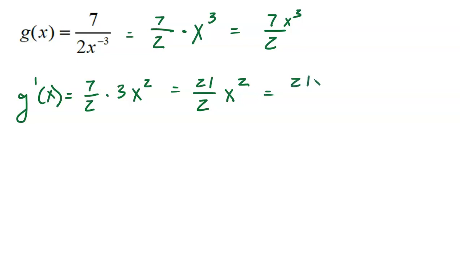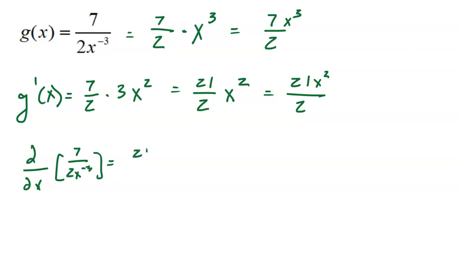The only thing I could do is put the x squared on the side or the top. It doesn't really matter. Just don't put it on the bottom because it doesn't have a negative exponent, so it doesn't need to move to the bottom. So the derivative with respect to x of my function 7 over 2x to the negative 3 is equal to 21x squared over 2. Nice, easy derivative rule.